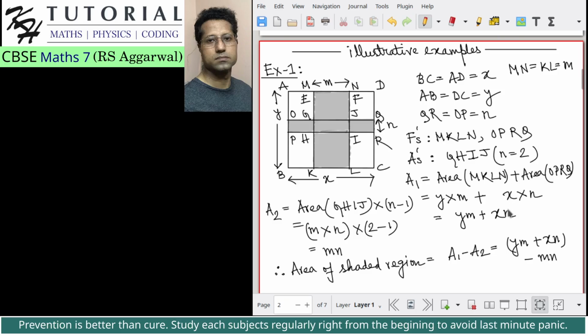In the next video, I will solve the problems of exercise 20b from the textbook of author RS Aggarwal, based on finding the area of shaded regions as well as the area of a path constructed along a rectangular plot outside or inside, which I discussed in the previous video.